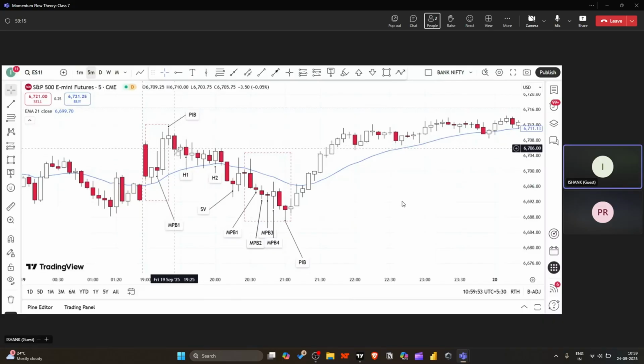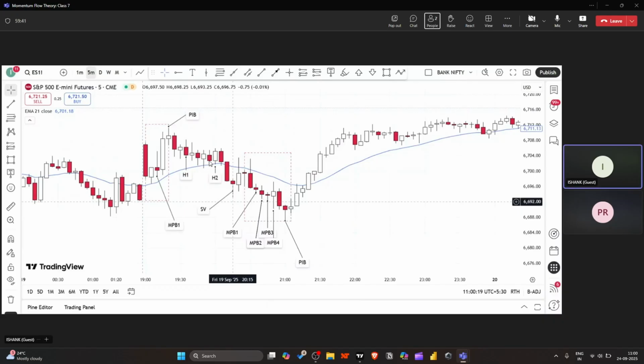Okay, now always see where the trend is starting from. It started from bar 7. Bar 7, bar 8 was an MPB1. Again, it got completed on bar 9, so that is again an MPB2. Again, you got an MPB3 on the next bar.